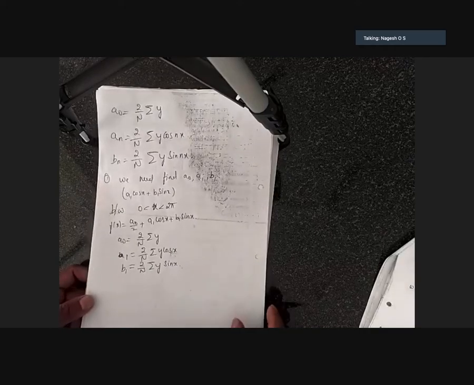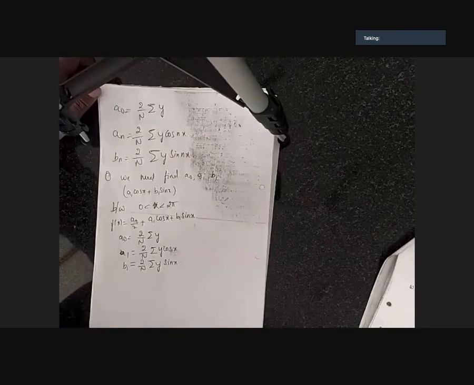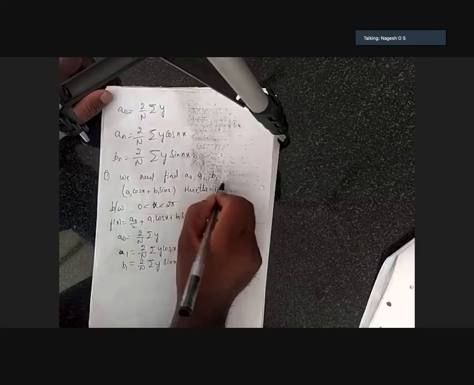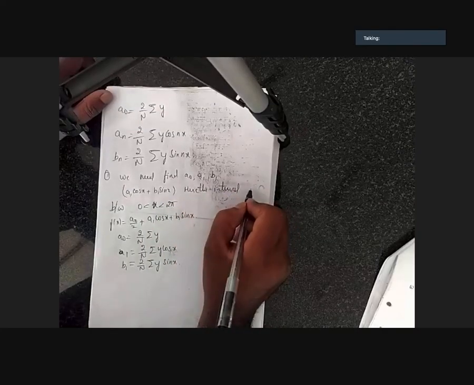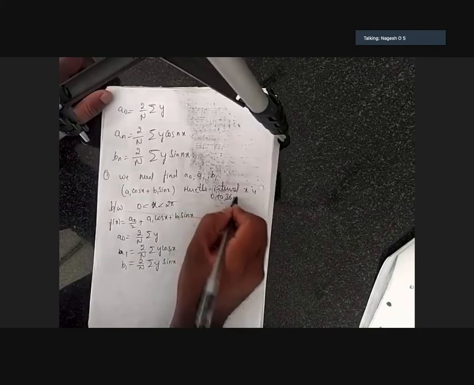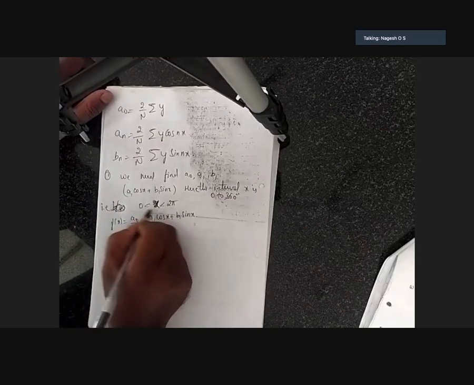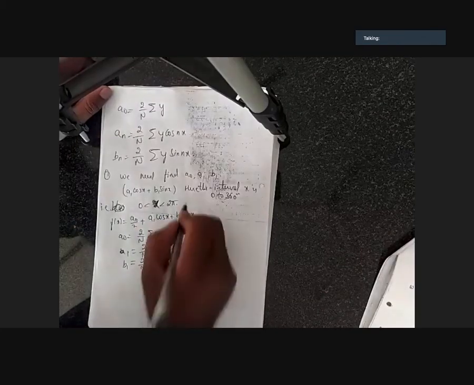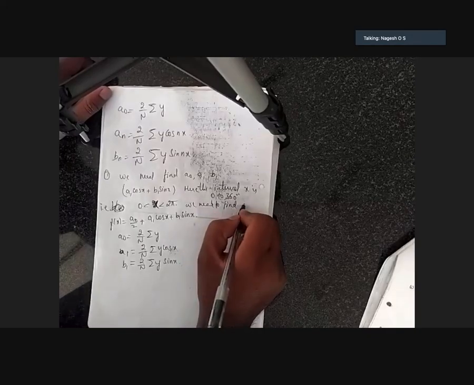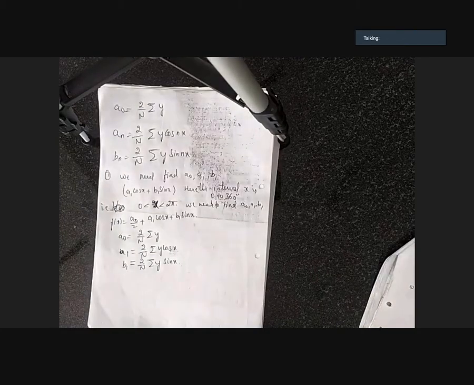We'll construct the table now. If you are writing, write this. Here the interval x is 0 to 360 degree, that is x lies between 0 and 2 pi. We need to find A0, A1 and B1.